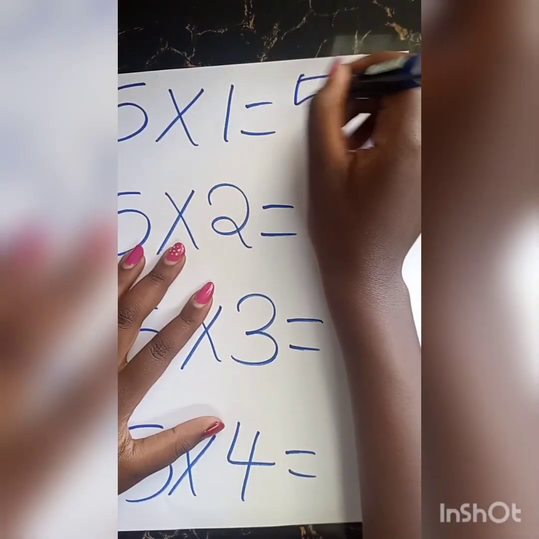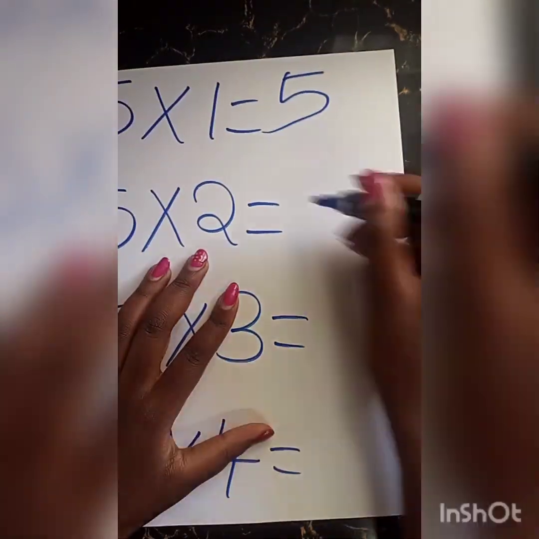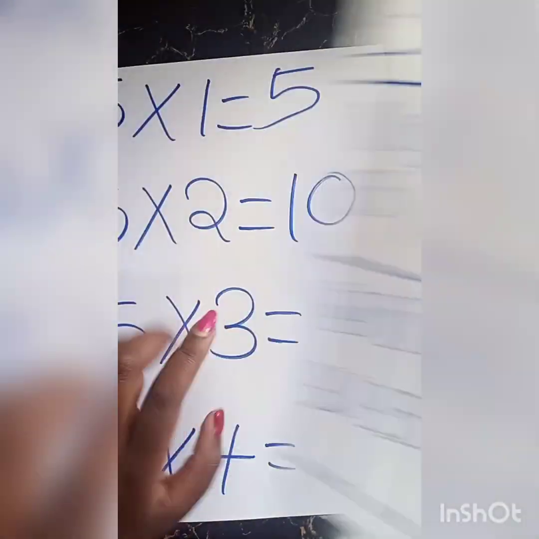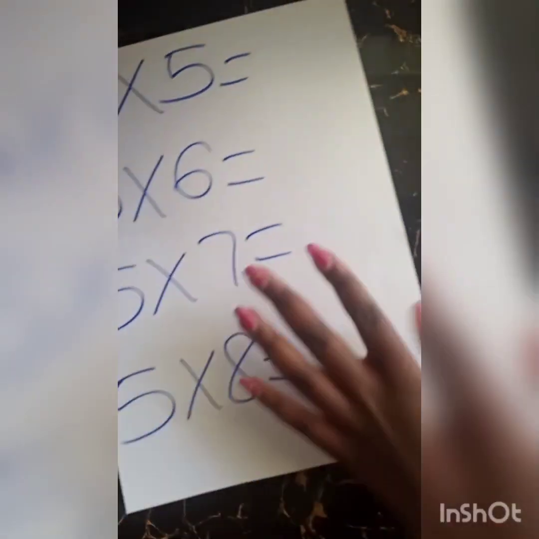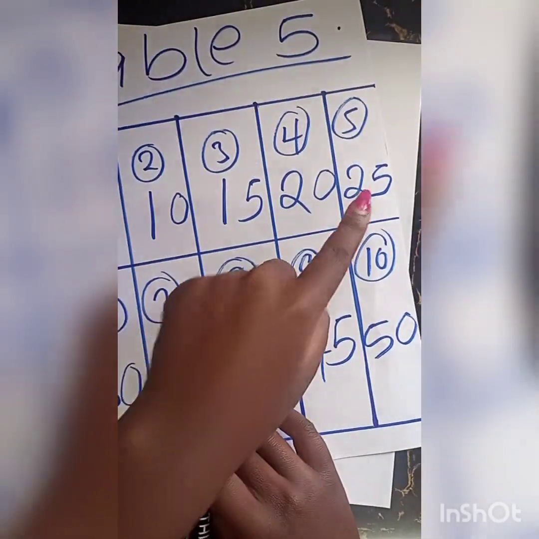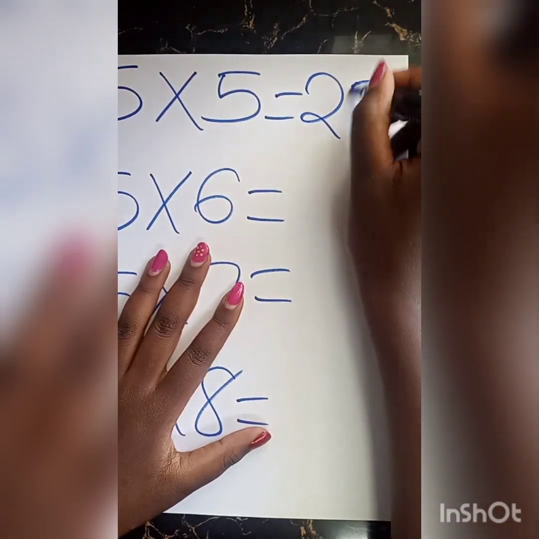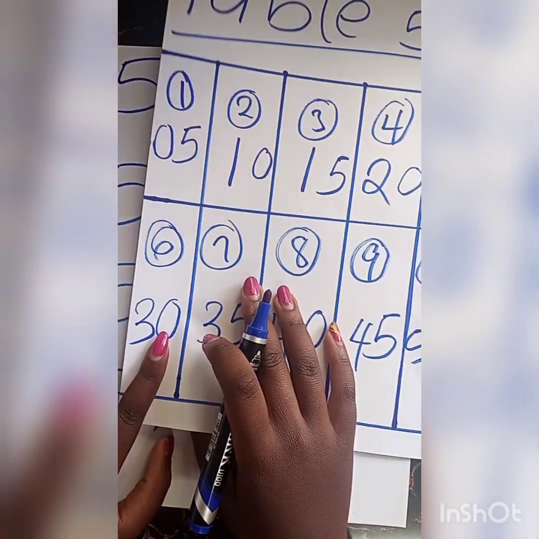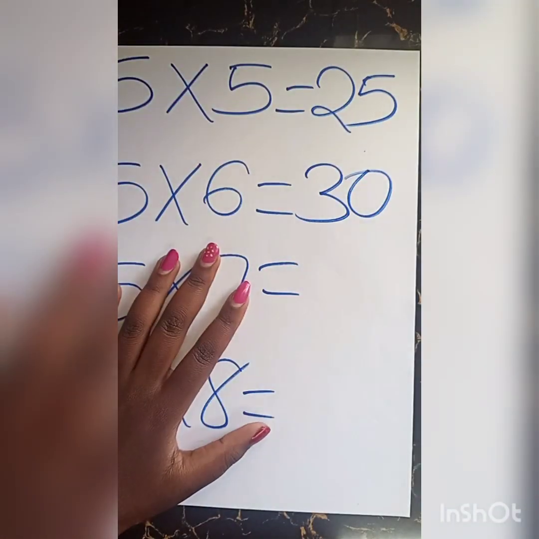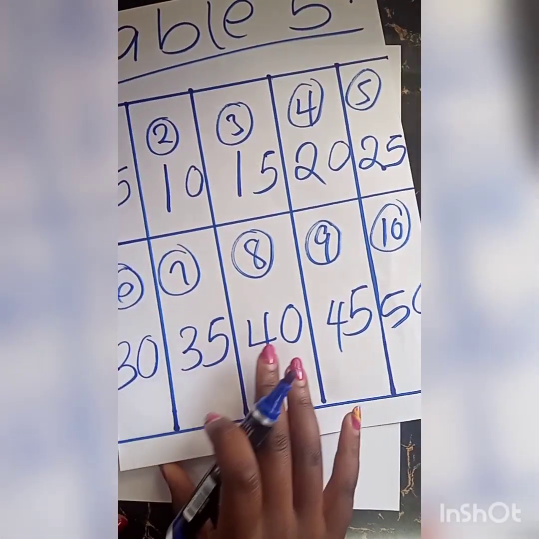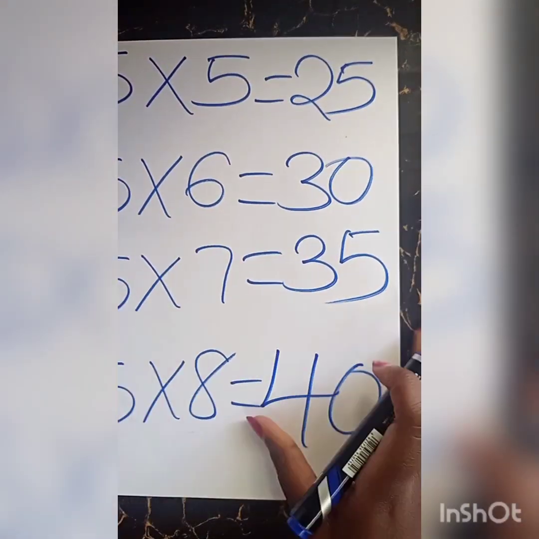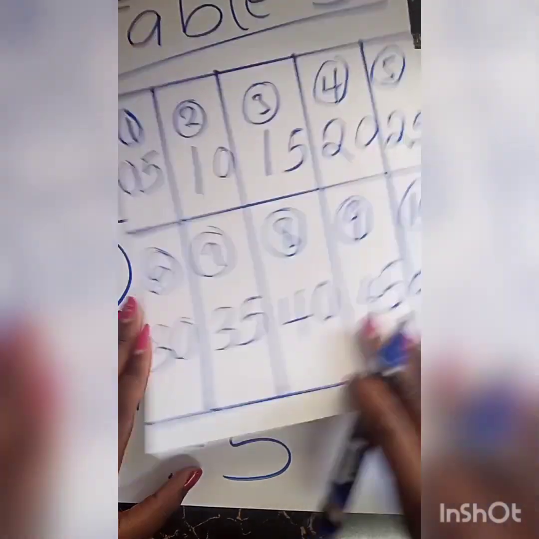5 times 2 is 10. 5 times 3 is 15. 5 times 4 is 20. 5 times 5 is 25. 5 times 6 is 30. 5 times 7 is 35. 5 times 8 is 40. 5 times 9 is 45.